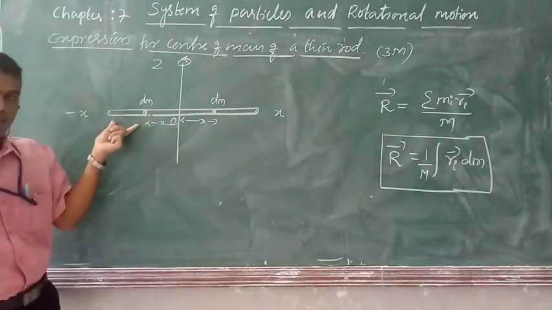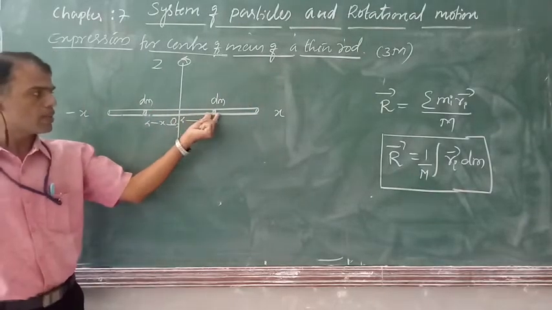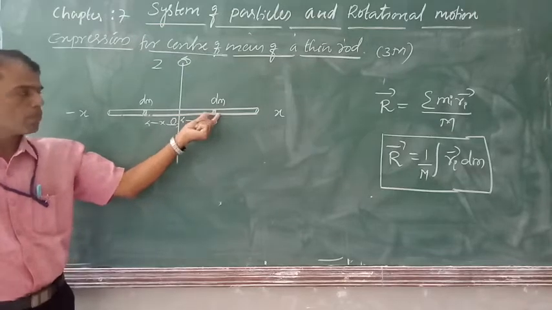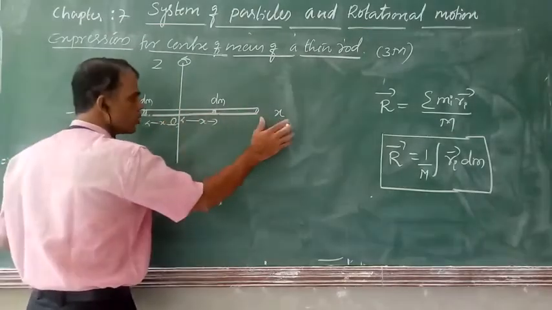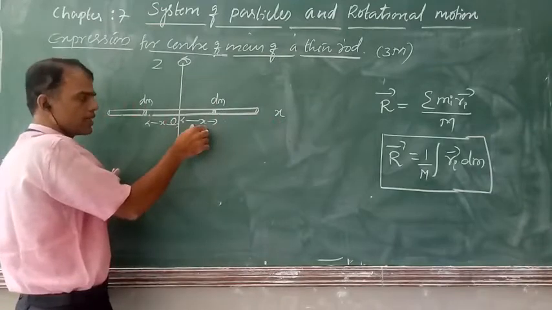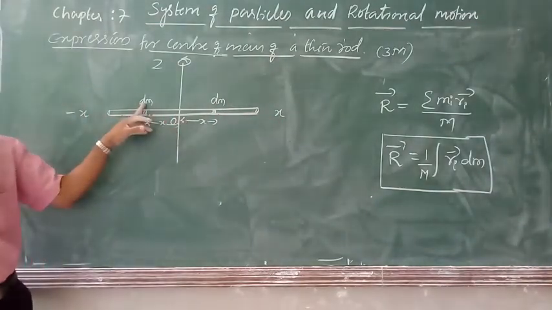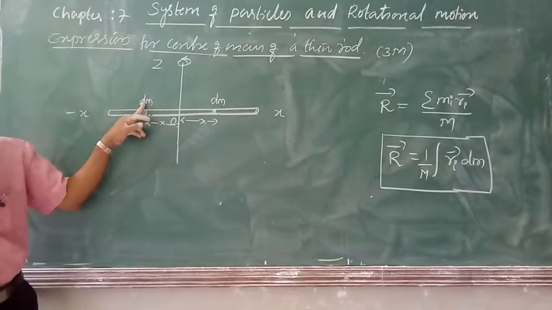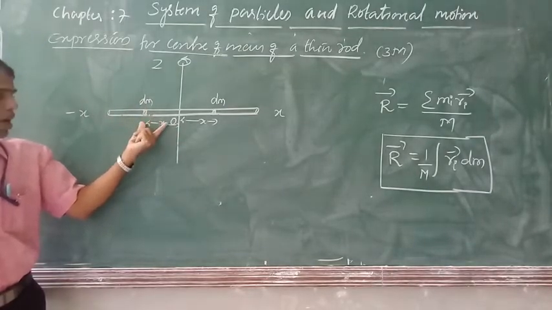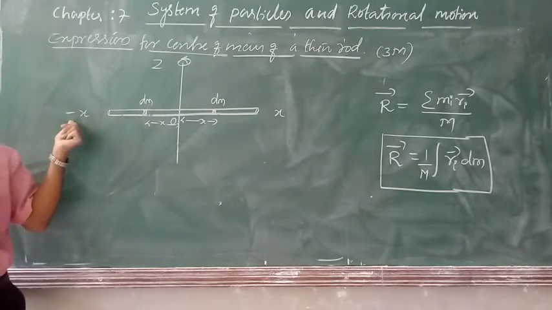See from the figure, for every element of small mass dm on the positive x-axis at a distance x, we have an equal mass element dm at a distance x along the negative x-axis.